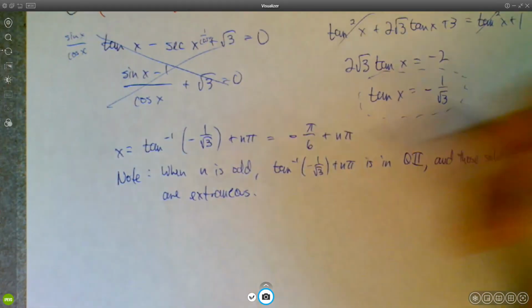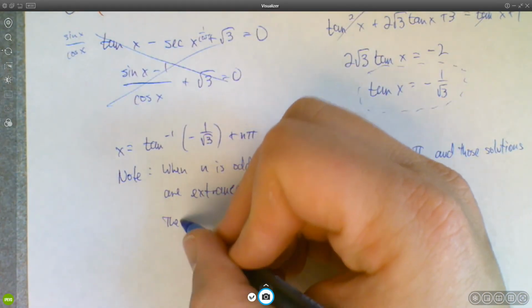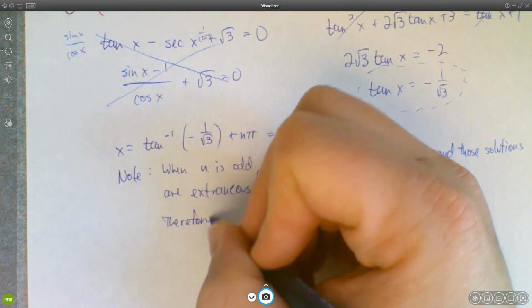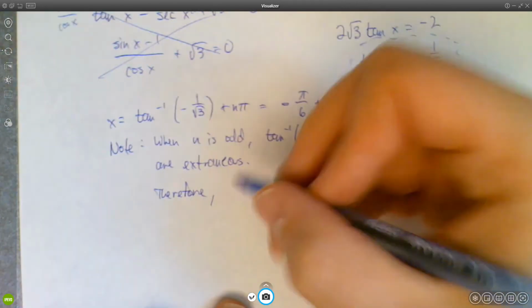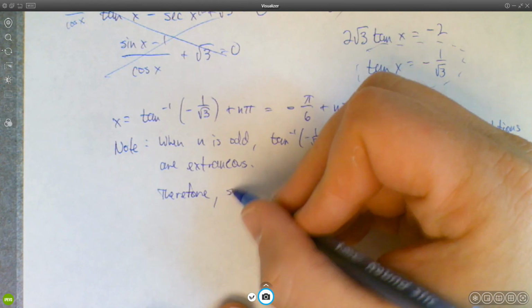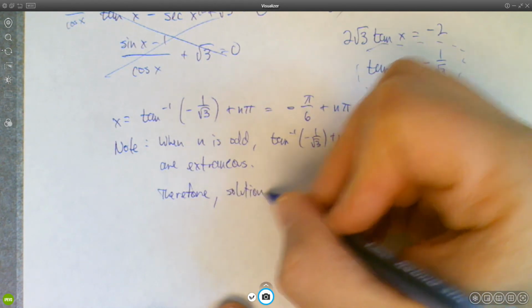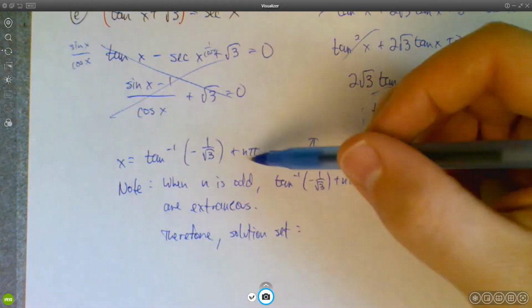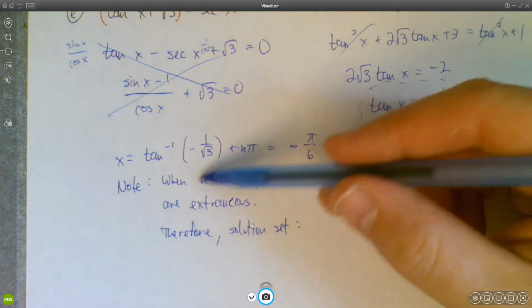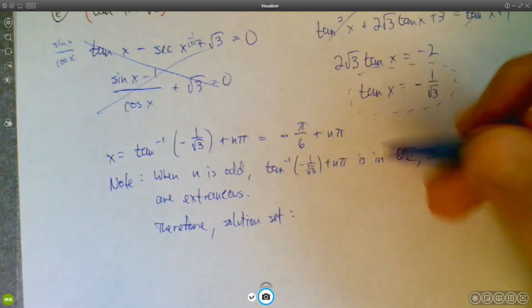Therefore the solution set should really be only the even multiples of pi, not the odd multiples of pi, only the even ones.